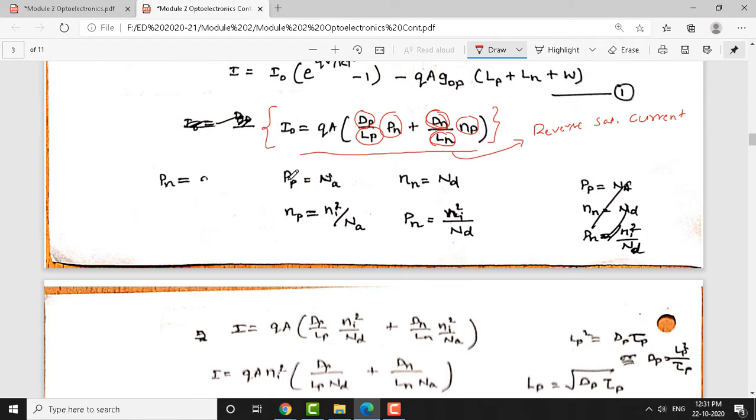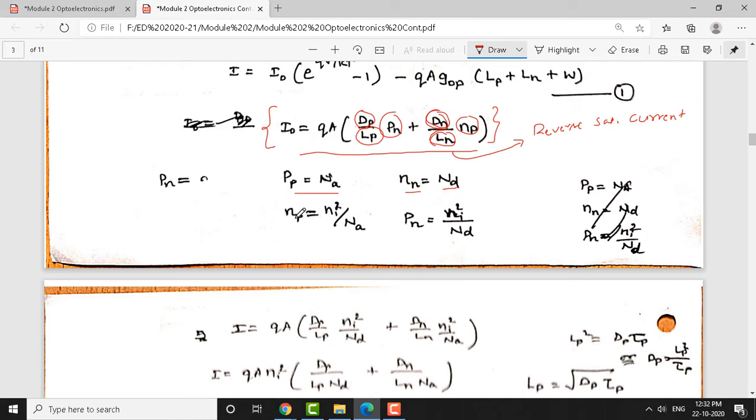We have seen these formulas. Pp can be written as Na, the acceptor ion concentration, holes on the p side, and electrons on the n side can be written as Nd, the donor ion concentration.